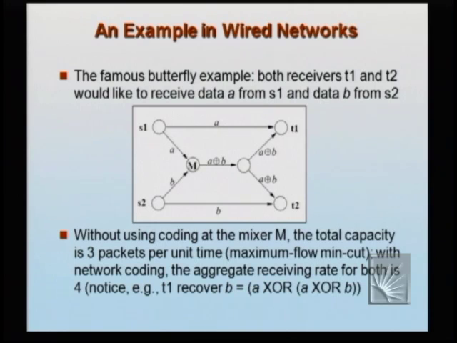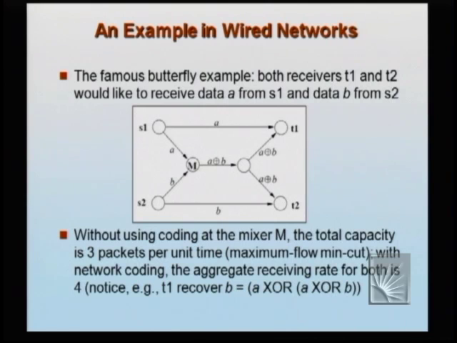For T1, for example, it has A and A XOR B, so it can find B. Basically, B will be the result of XOR of A and A XOR B. You notice that with this network coding, we actually improve the receiving rate for both receivers.